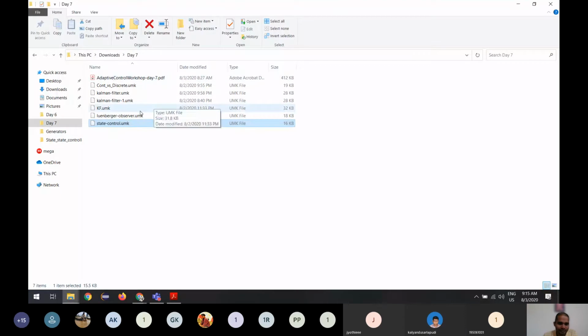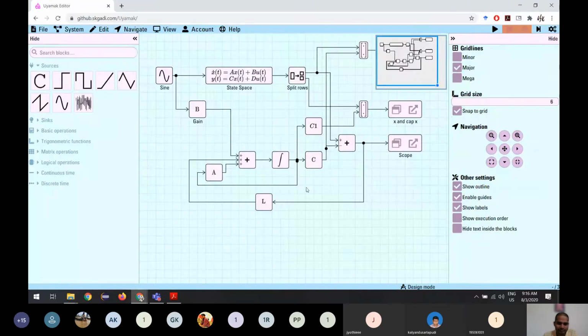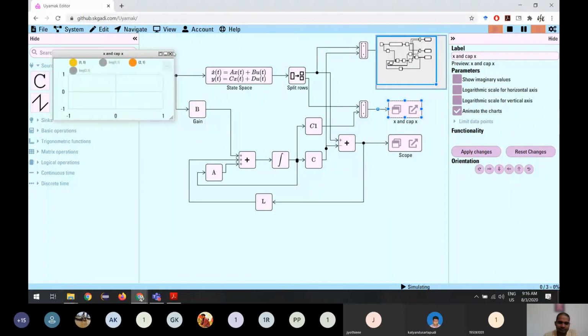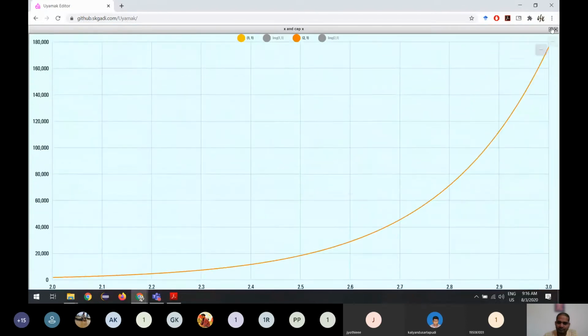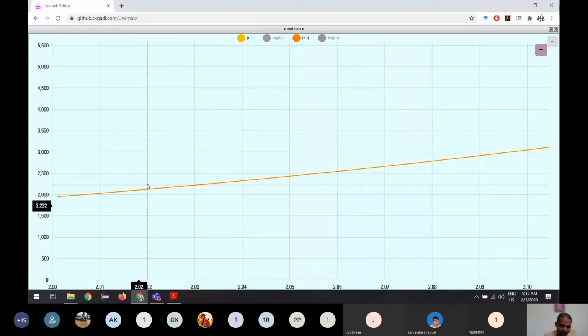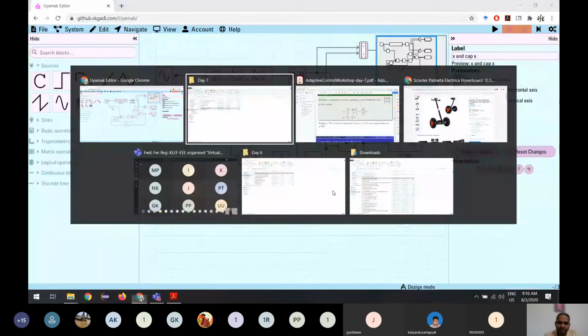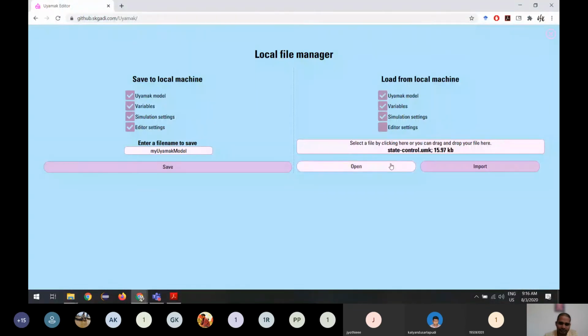Let's go to the observer, Luenberger observer. You open this and see the results. It's a very big value, so it's difficult for us.